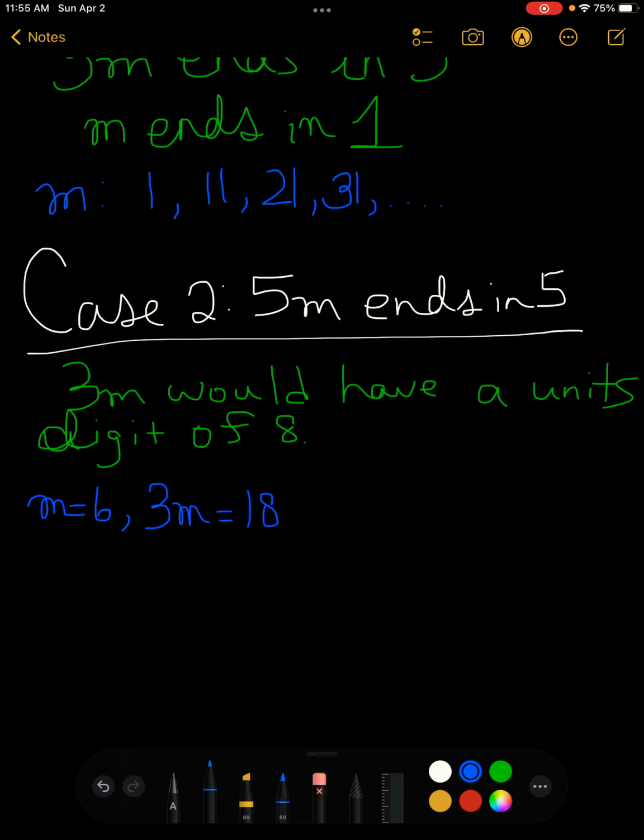So n has to be 6 or a number that ends in 6. So the possible values for n can be 6, 16, 26, 36, and so forth.